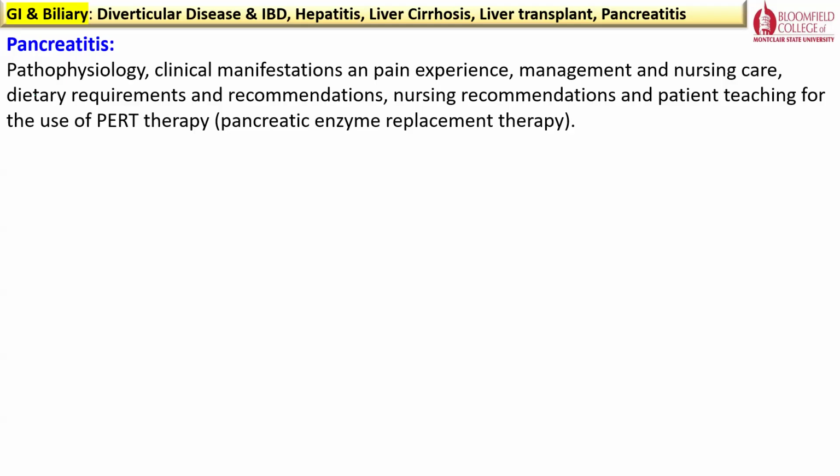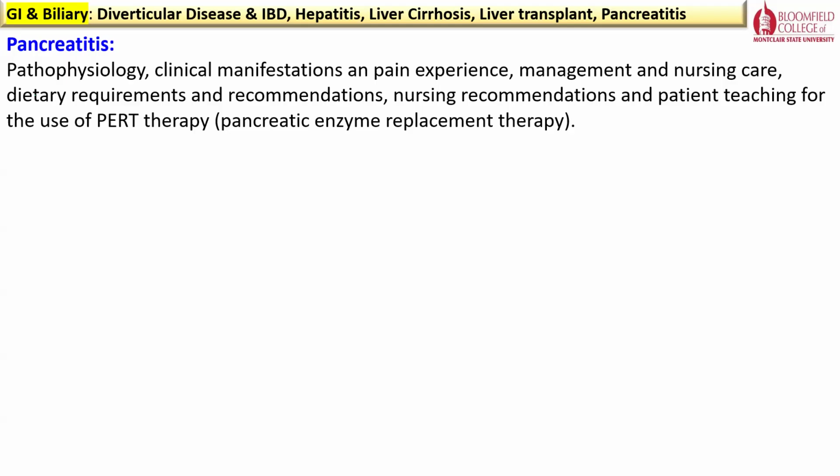The pancreas produces enzymes in response to the presence of food in the GI. NPO is number one, the first intervention or first step, to prevent the secretion of the enzymes by the pancreas.